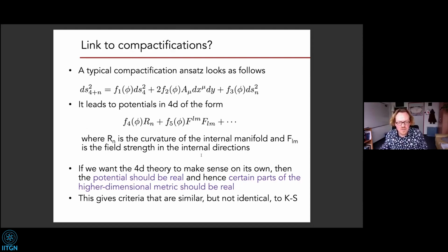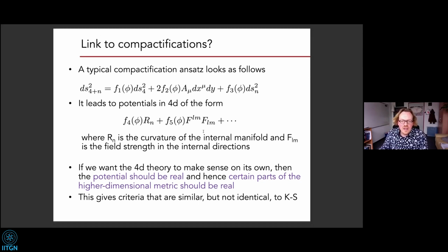Let me just give a very brief justification, or partial justification, for these assumptions. A typical compactification from 4 plus n dimensions would involve a 4-dimensional part, then some gauge fields in the extra dimensions, and also just an internal space, dsn squared. And there would be various scalar fields included.